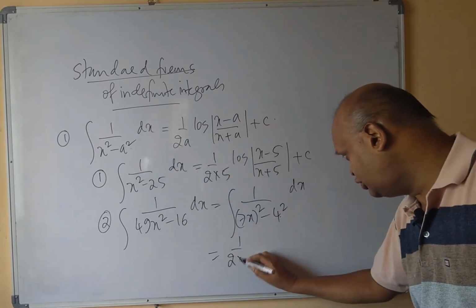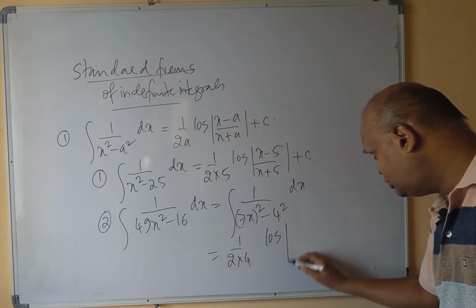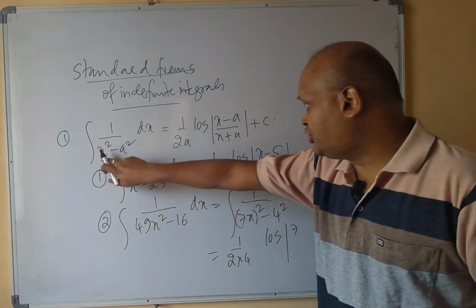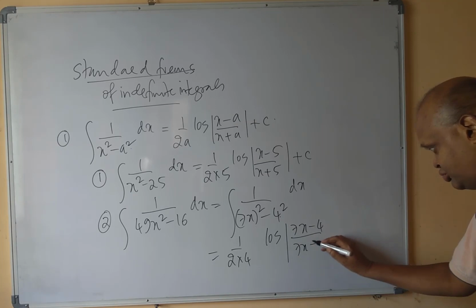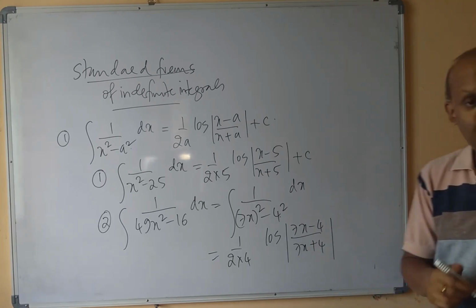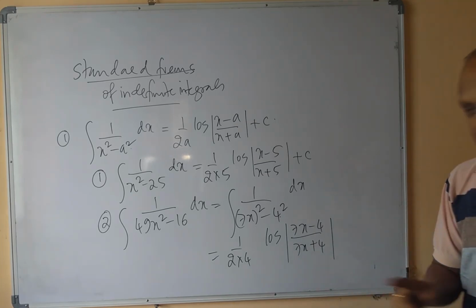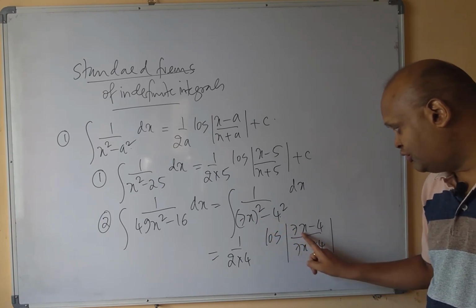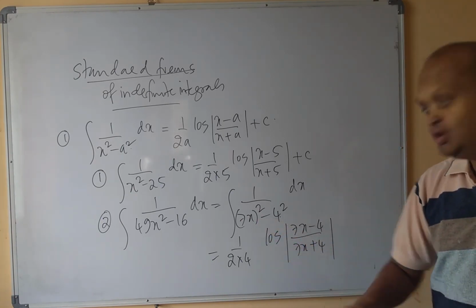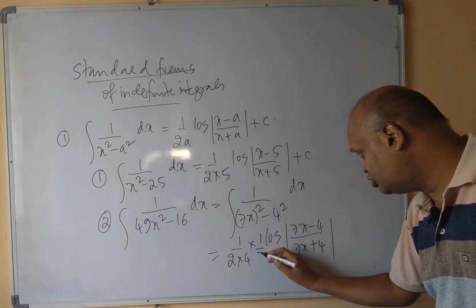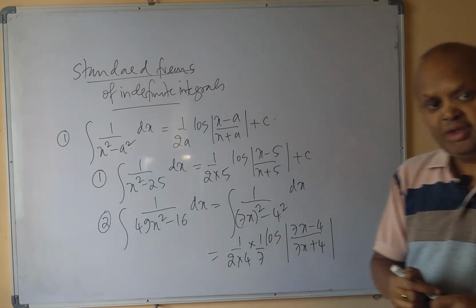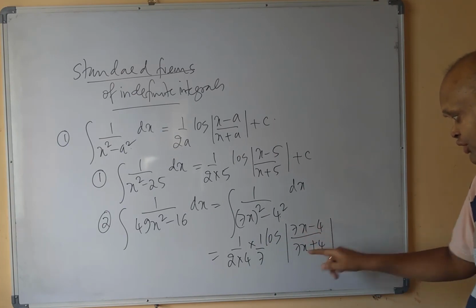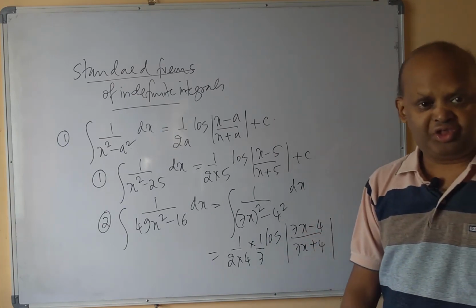So 1 by 2 into 4 log of, in the place of x it is 7x, so (7x minus 4) upon (7x plus 4). And very important, remember the coefficient of x is 7, that has to be divided, so it is 1 by 7. So your answer is 1 by 56 into log of (7x minus 4) upon (7x plus 4).